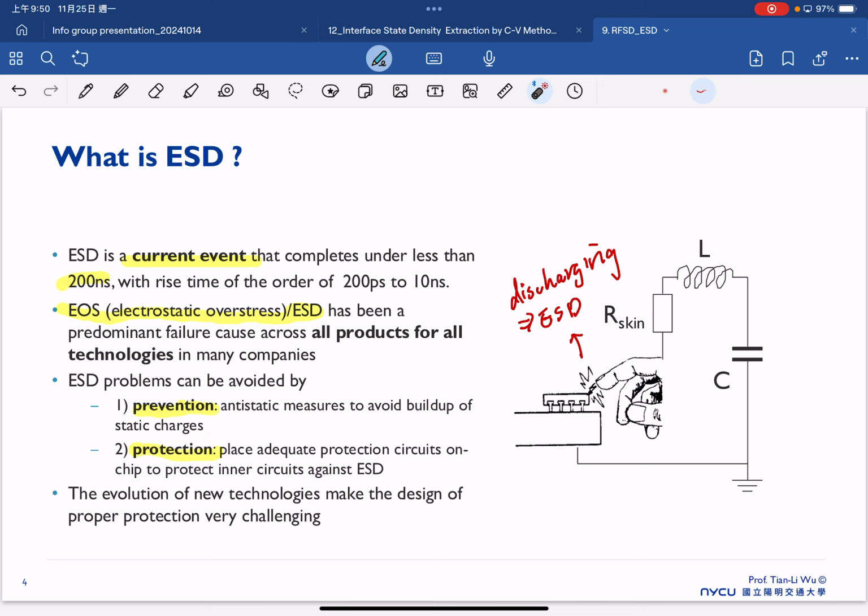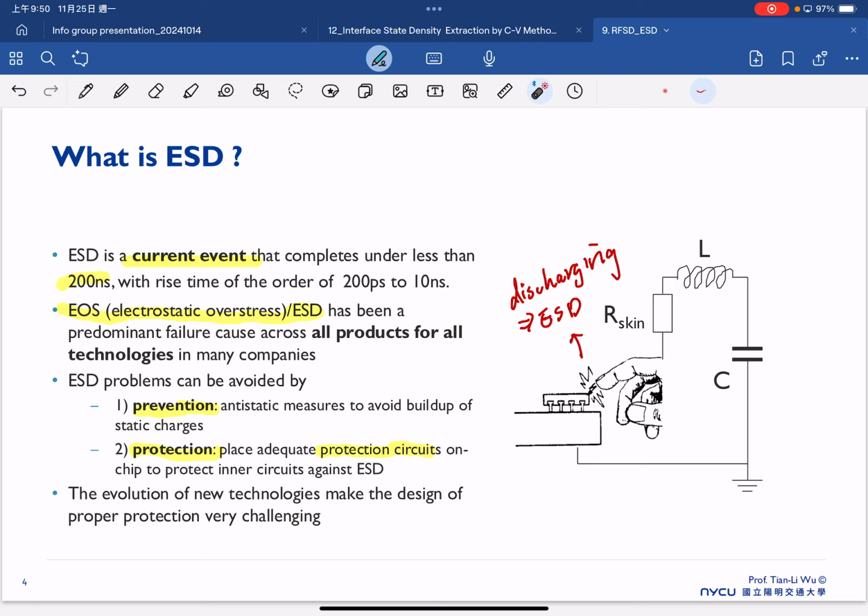We will try to place certain protection circuits on chip to protect against ESD issues. The idea for this circuit is that, as you already know, an ESD event can cause high current and high voltage.